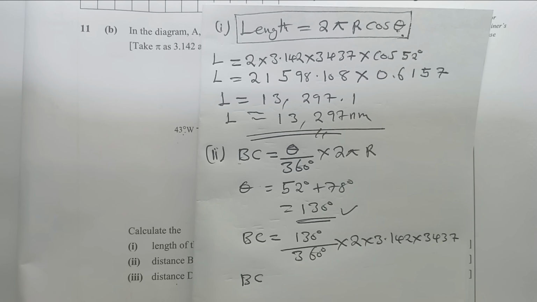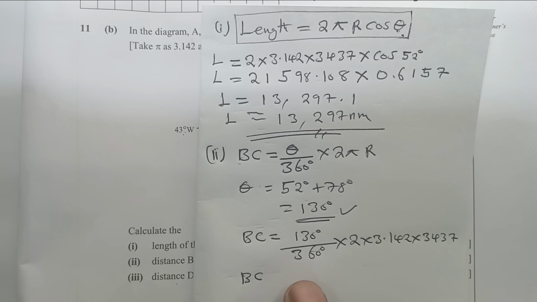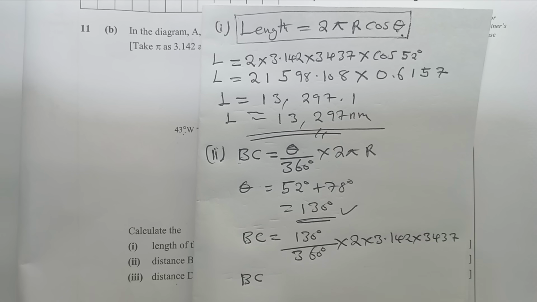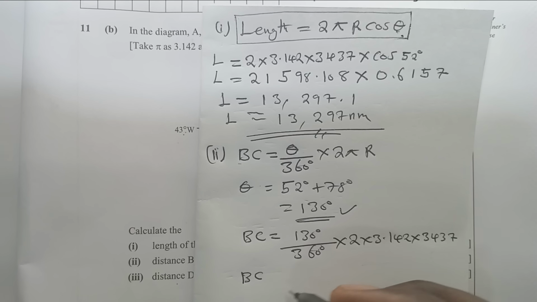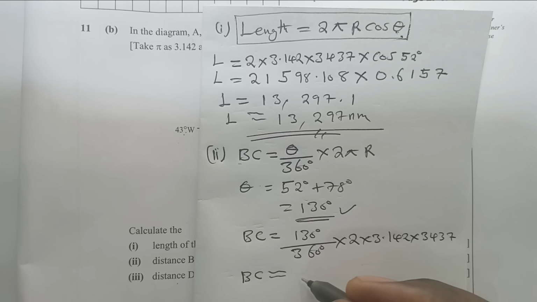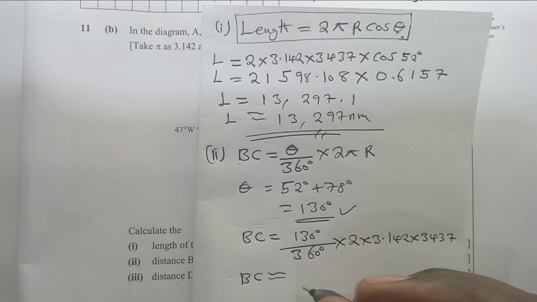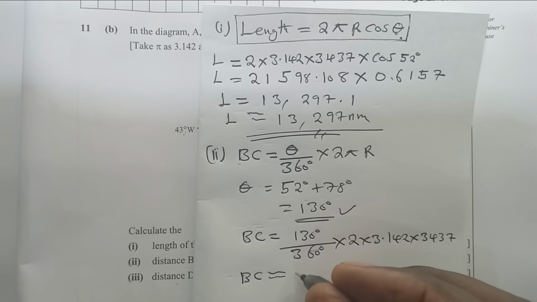From my end, when we punch 130 degrees divided by 360 degrees, times 2 times 3.142, I'm getting the final solution.